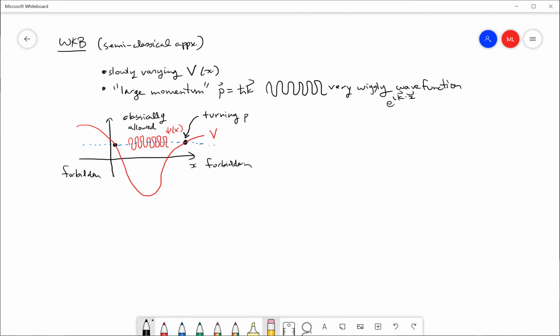They're where a classical particle would turn around, which is why it's called that. So that's the idea, but let's actually do it. As usual, this is another approximation for solving the Schrodinger equation, so let's again write it down as we do.